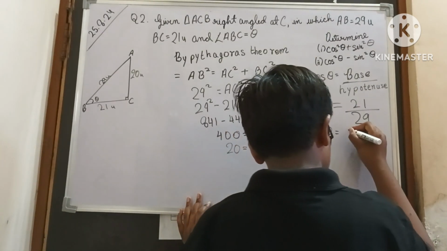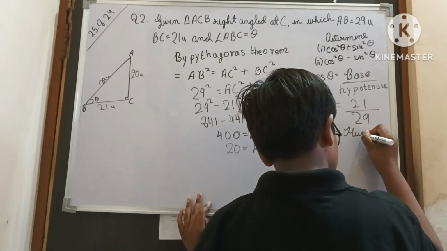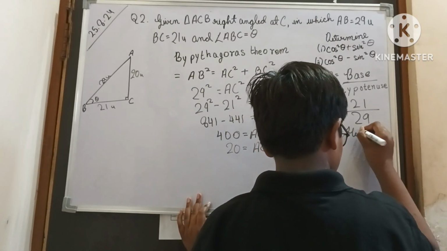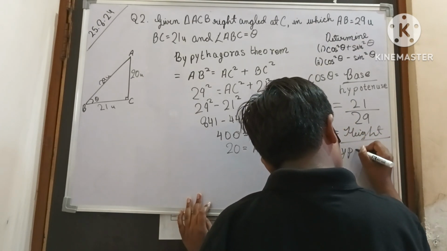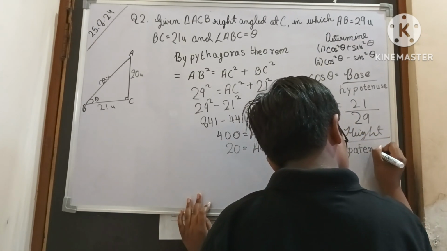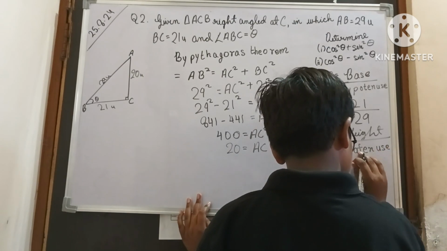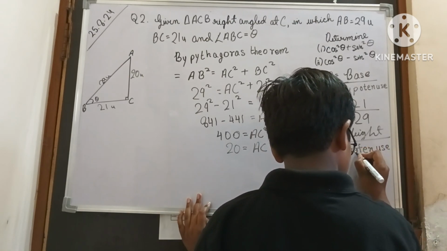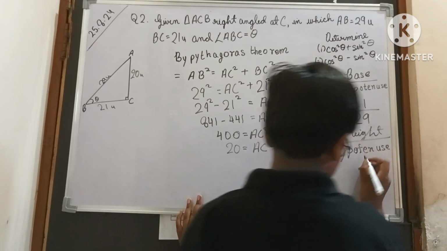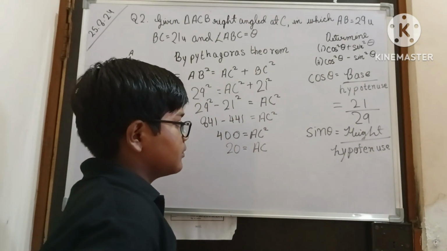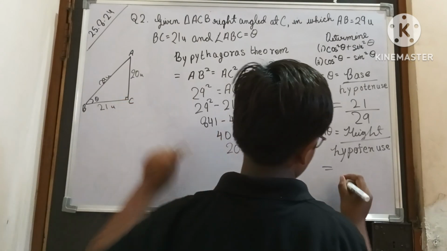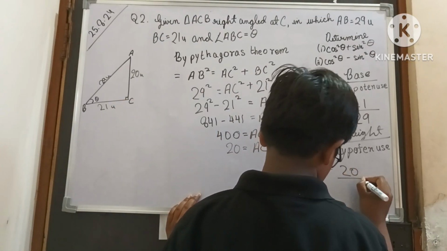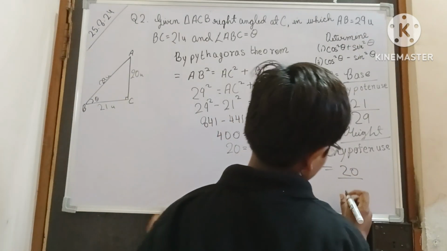And the formula of sin theta is perpendicular divided by hypotenuse. So the height of a triangle is 20 units and the hypotenuse of a triangle is 29 units.